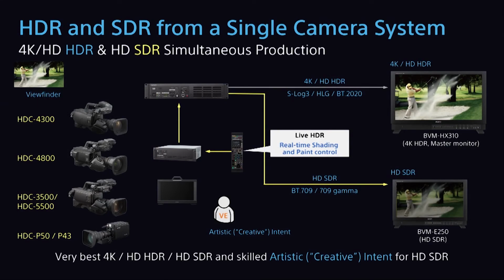Then this is essentially the workflow that we have with our cameras. These are all state-of-the-art cameras from Sony, and I'll show you more in a minute. Our CCUs, the camera control units, produce simultaneously HDR signals and SDR signals. Then the shader, we are recommending that the camera operator, the video engineer, shades or paints the camera looking at the SDR signal.